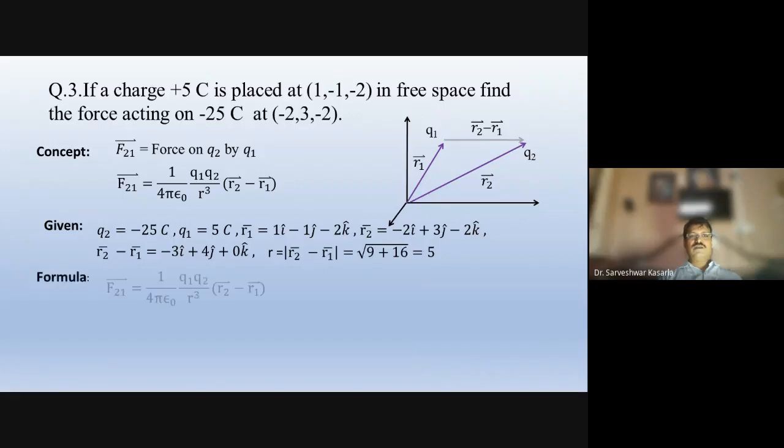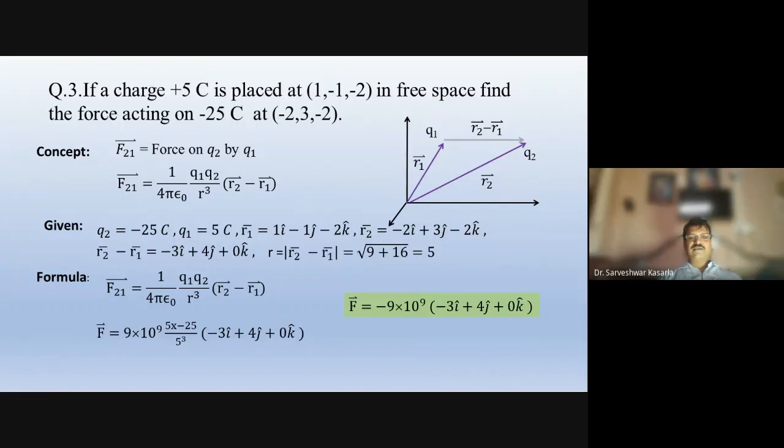Here the formula is the same. F21 is equal to 1 upon 4 pi epsilon 0 q1 q2 upon r cubed into vector r2 minus r1. If you put the values, q2 is minus 25, we have kept the same value. Then the final answer will be like this.